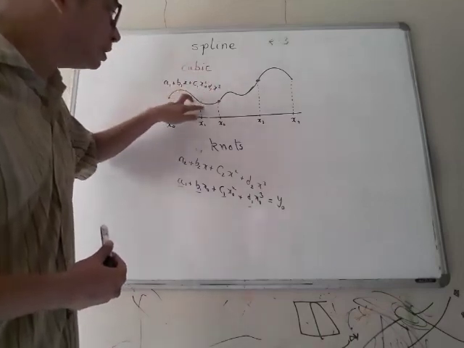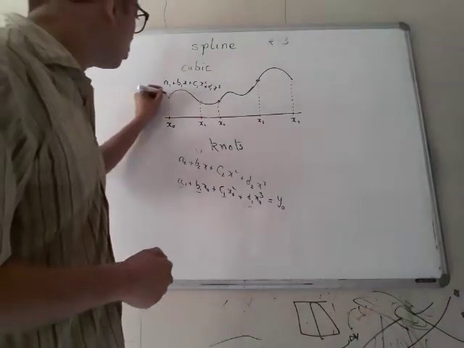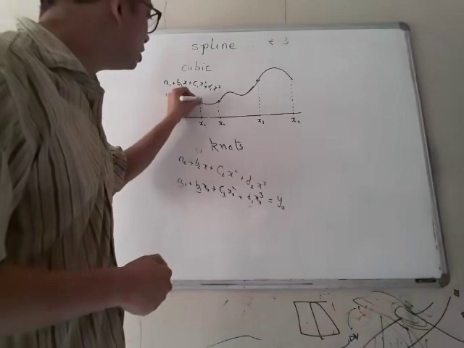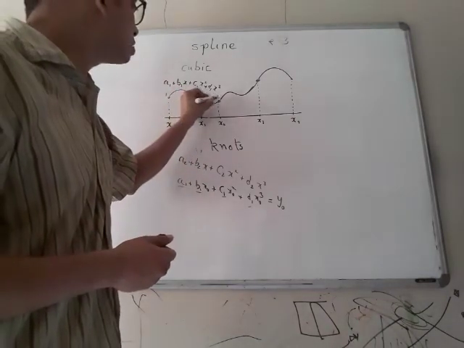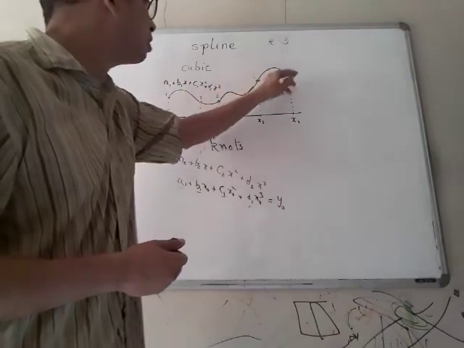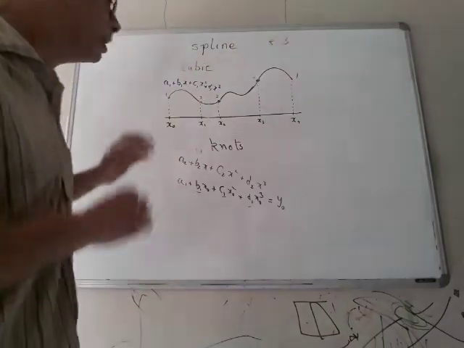So two equations here. Let me just write down. I get one condition here, I get two conditions based on only the continuity part, and then two conditions here, one condition here. Now I will look at the derivatives.